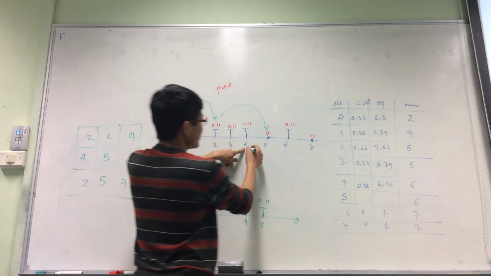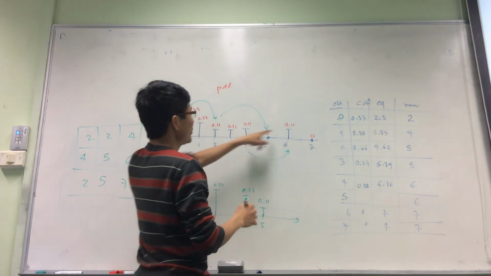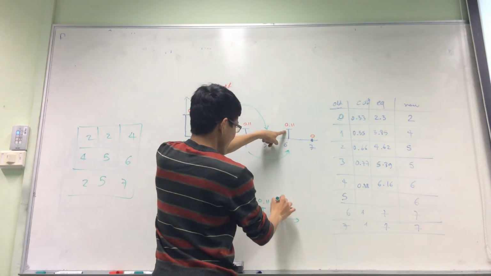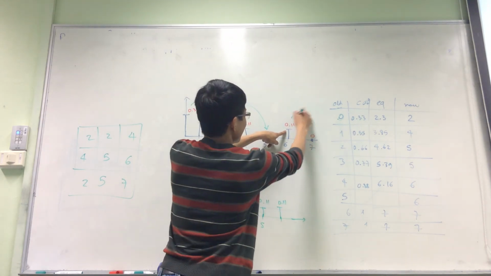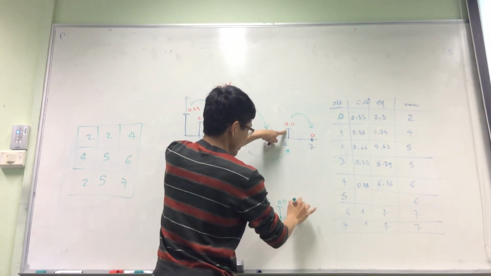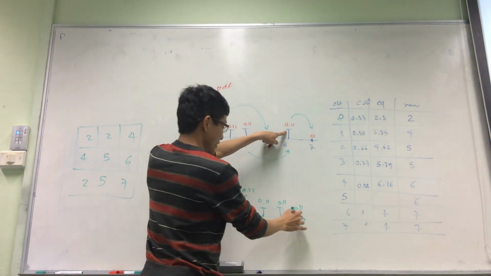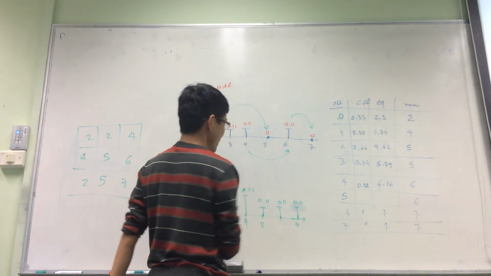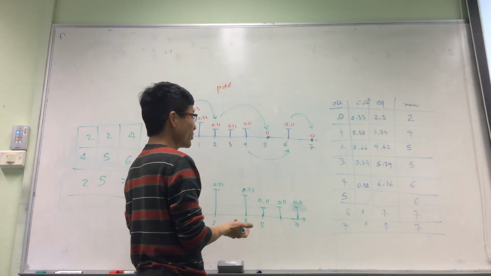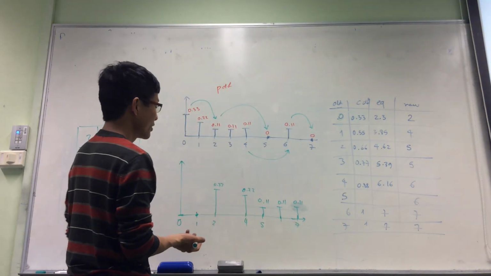Where does the 4 go? 4 goes to 6, so 0.11 here goes to 6. The 6 goes to 7, so at 7 we have 0.11. How about the 3? It goes to 5.